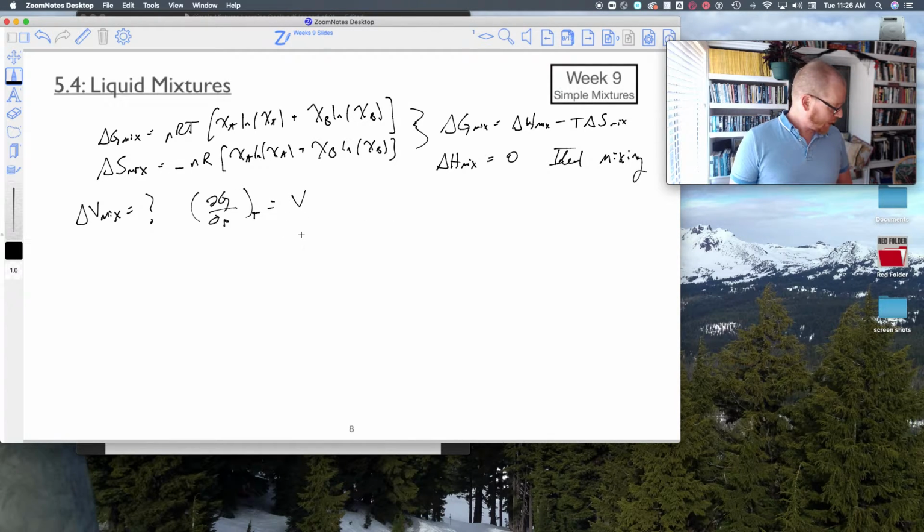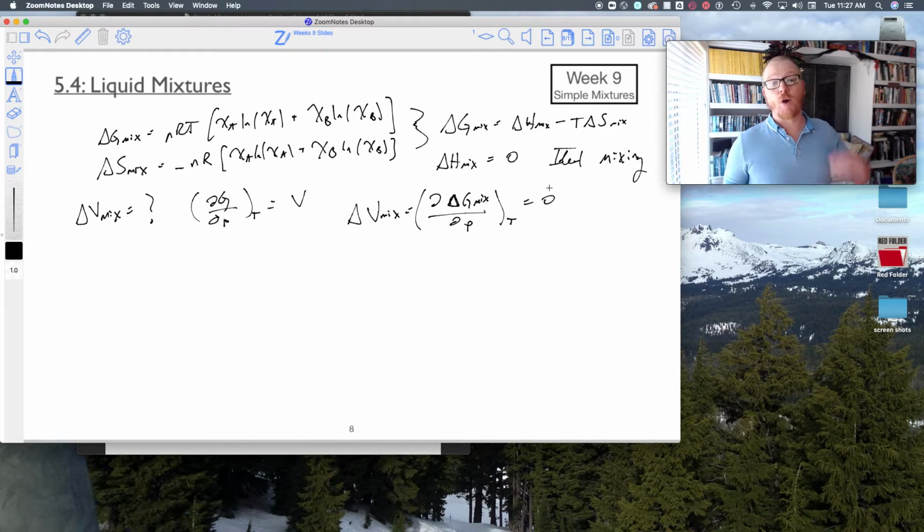So now if I want to talk about my ideal volume of mixing, delta V of mix is going to be the partial of delta G of mixing by the partial P at constant T. Okay? And if we were to do this derivative, we just get 0 for that whole thing because there is no pressure in here. So when temperature is constant, well, look, R is a constant and n is a constant as well. So the whole thing just drops out to 0.